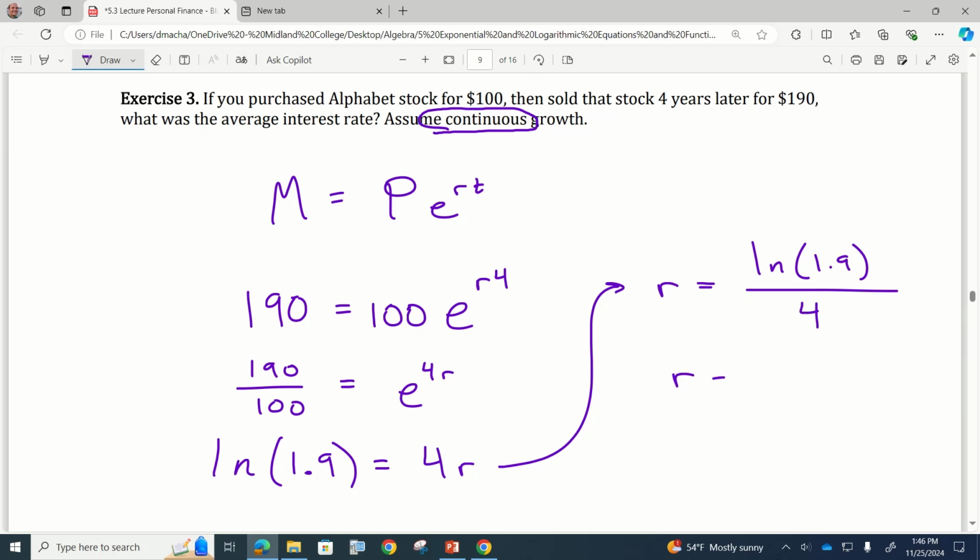So what is R? Yep. 0.16, which is the same thing as 16%.